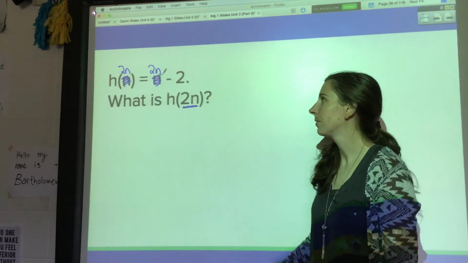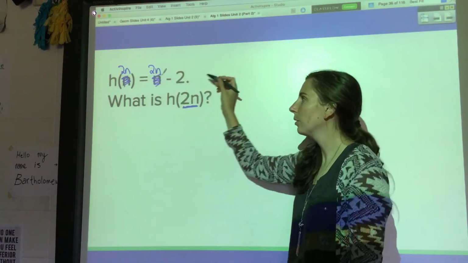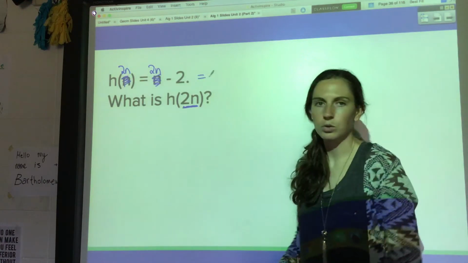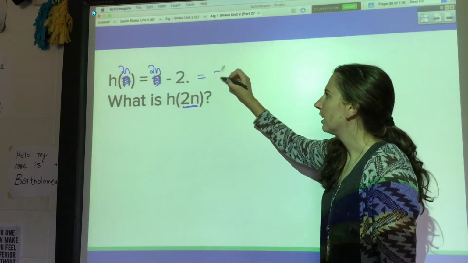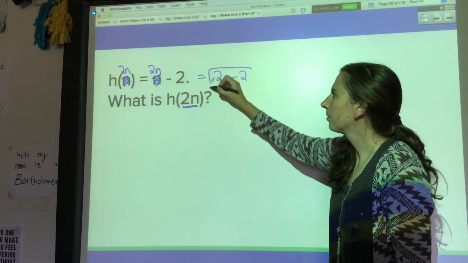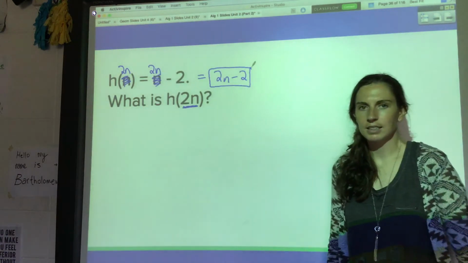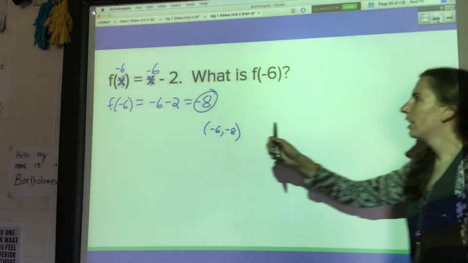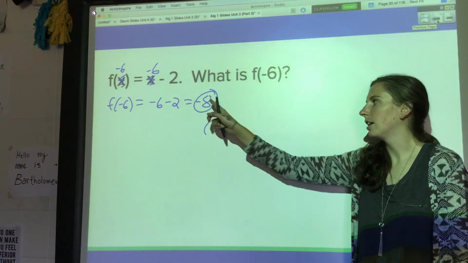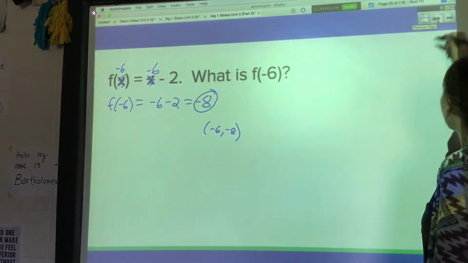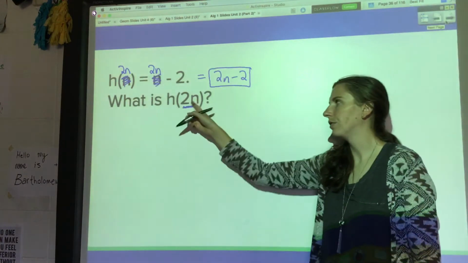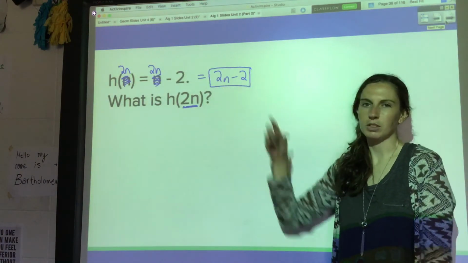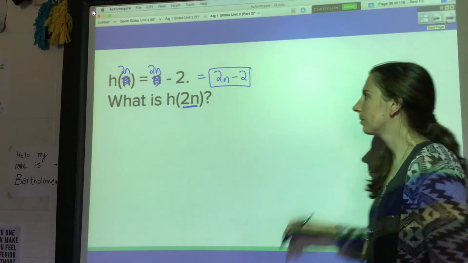And that's it. 2n minus 2, I can't do anything with that. So there's no simplifying to be done here. It's 2n minus 2. Notice that on this one, the input was just a number and I got a number out. Whereas on this one, my input had some variables in it and I got some variables out. And that is to be expected.